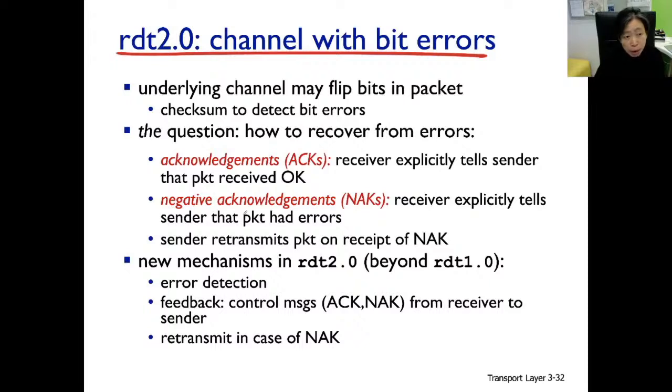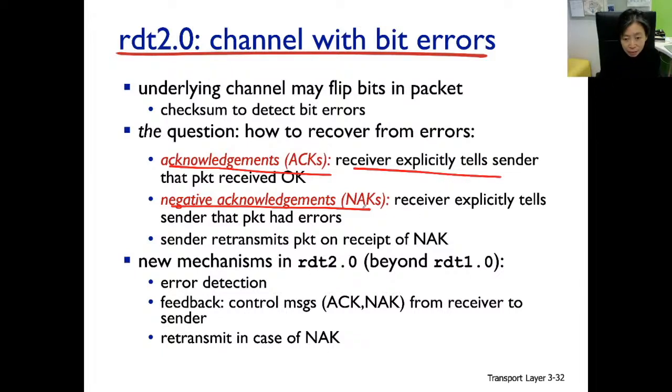So to describe RDT 2.0 a bit more formally, those feedback you're providing to me, in the computer system, will be either in this form or this form. So acknowledgement, ACK, is a positive feedback. Negative acknowledgement, NAK, therefore, is the negative feedback. ACK explicitly tells the sender everything is all right.